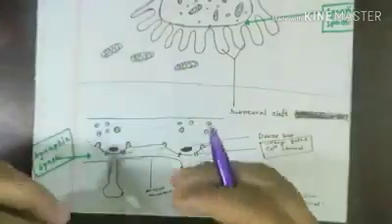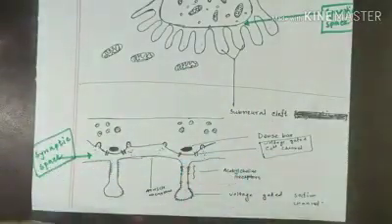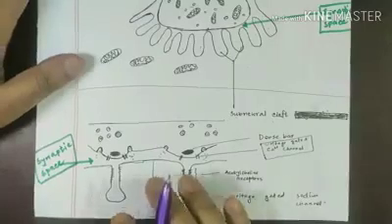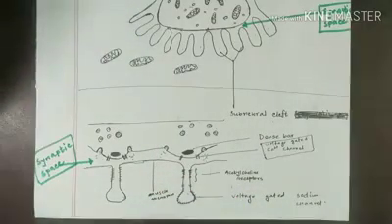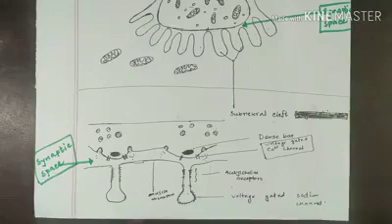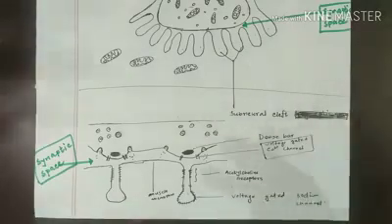So when the sodium ion is diffusing inside the muscle fiber membrane, it produces a local positive potential all across the muscle fiber membrane. This is known as end plate potential. This is very important. End plate potential. You may be asked during the viva, what do you mean by end plate potential?